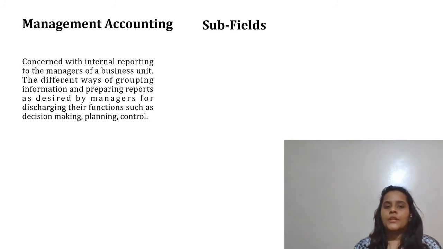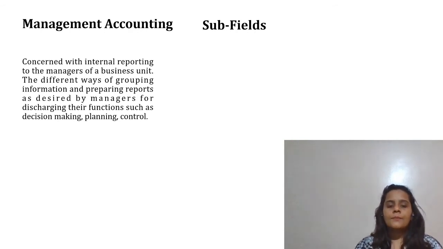Next is management accounting. In financial accounting, the net results and financial position of the company are communicated to the management. Say the management knows that you made a profit of 10,000 rupees in a year, you have a closing stock of 50,000, you have a liability of 30,000.